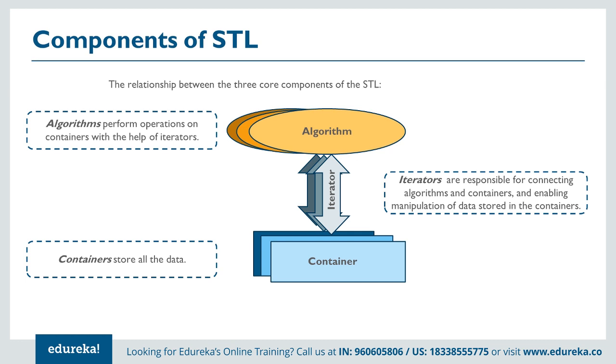And finally, iterators are responsible for connecting algorithms and containers and enabling manipulation of data stored in the container. So basically, it is with the help of the iterator that you access the data that is stored in the container and apply the algorithmic logic on those values. So this is how the three core components of STLs are related with each other.